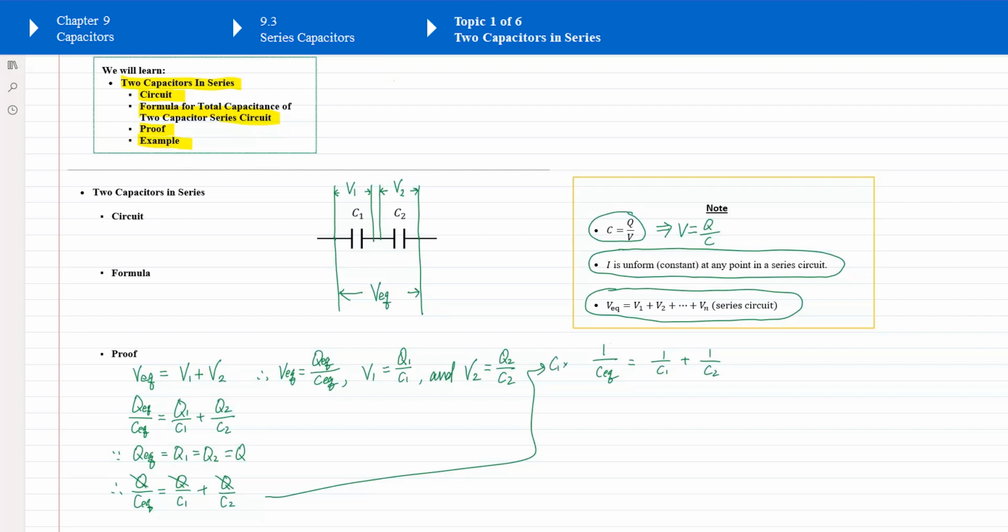Multiply C1 times C2 on both sides of the equation. On the left, C1 times C2 divided by CEQ.